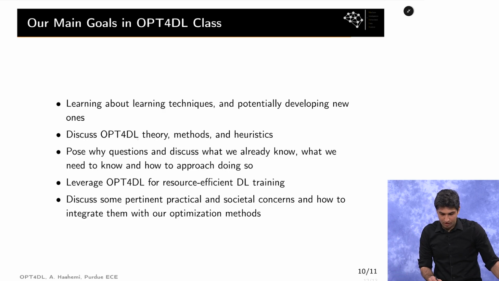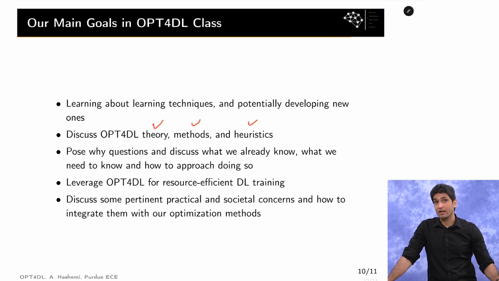We're also going to discuss optimization for deep learning theory, methods, and heuristics, right? That means analyzing training algorithms, understanding algorithms that are based on mathematical principles, and also learning about certain heuristics that are arguably essential when training a deep learning model and trying to understand them, right?